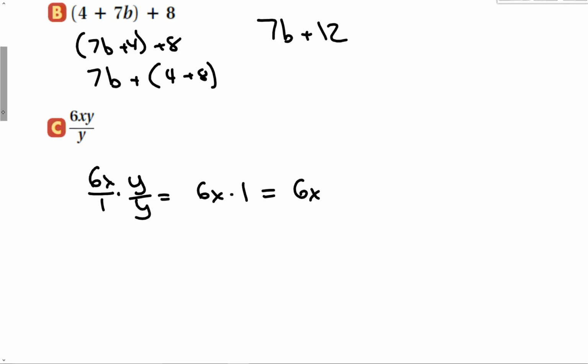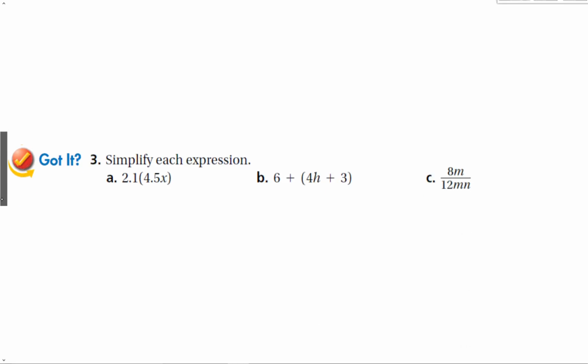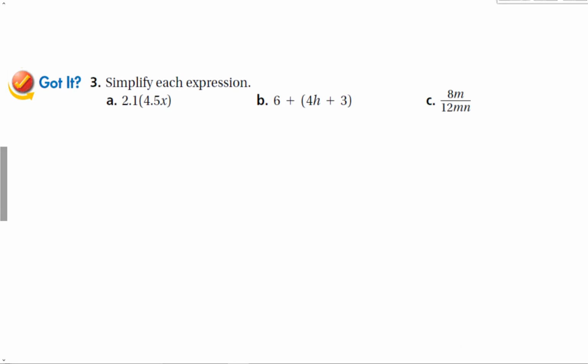So let's look at our got it problems down here. The same thing, we can use the associative property first and take 2.1 times 4.5 first and then times the x. And when we multiply those together, we get 9.45 times the x.